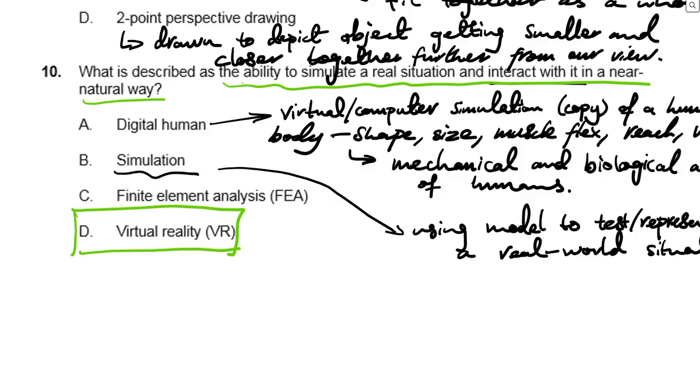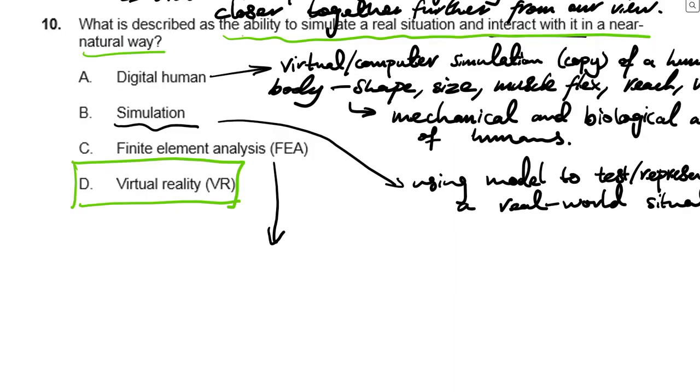And then now we have finite element analysis. That is where we have an object in CAD like this. Our CAD software breaks everything into tiny, finite elements, right? Little particles.